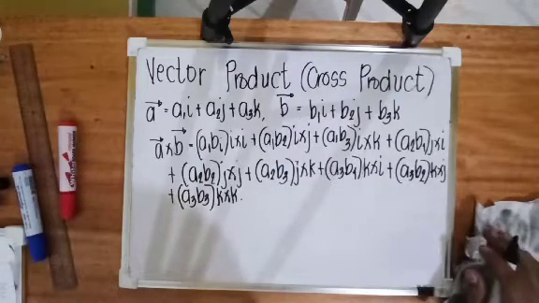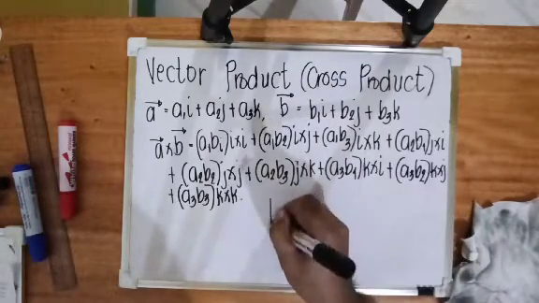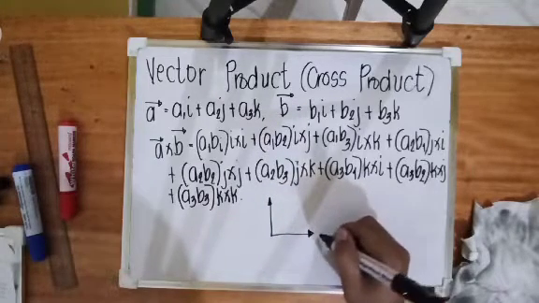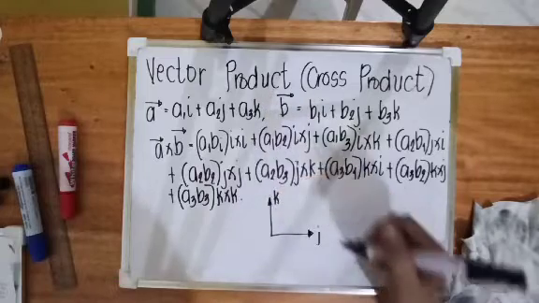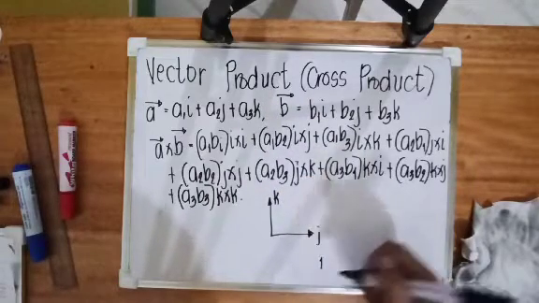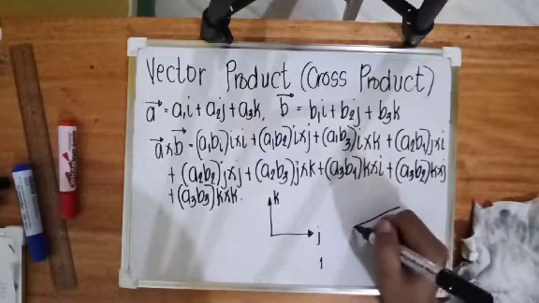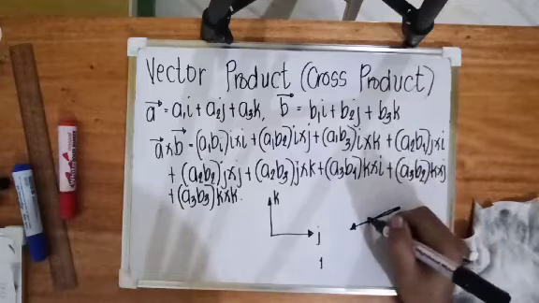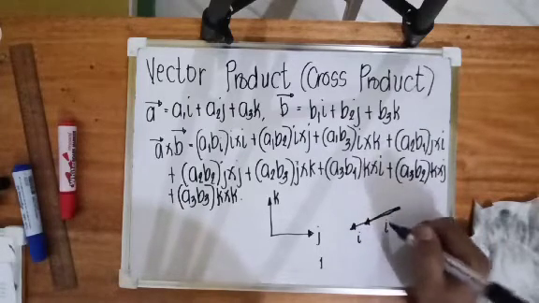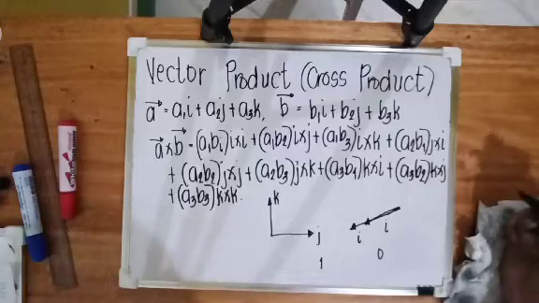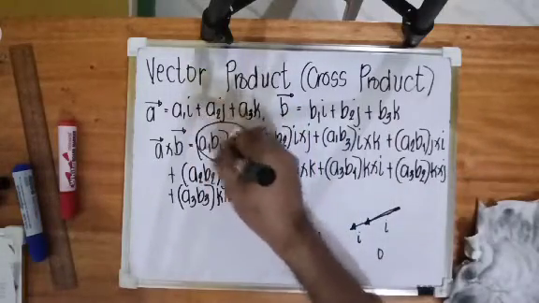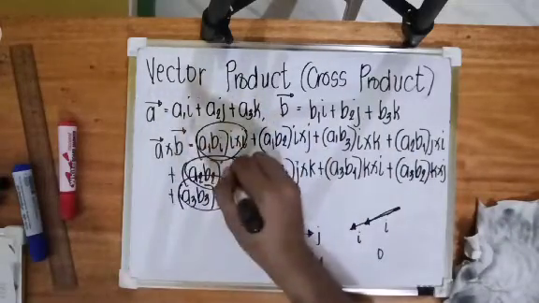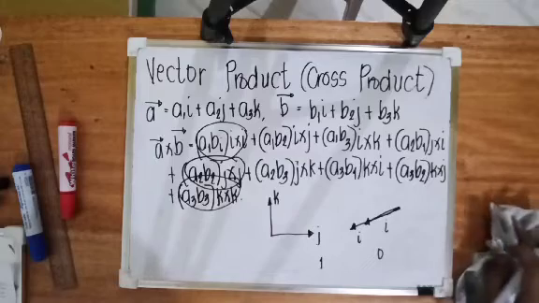So I said earlier that the cross product of J and K is equal to 1, and the cross product of the same unit vector, I and I, is equal to 0. So this one and this one are equal to 0.